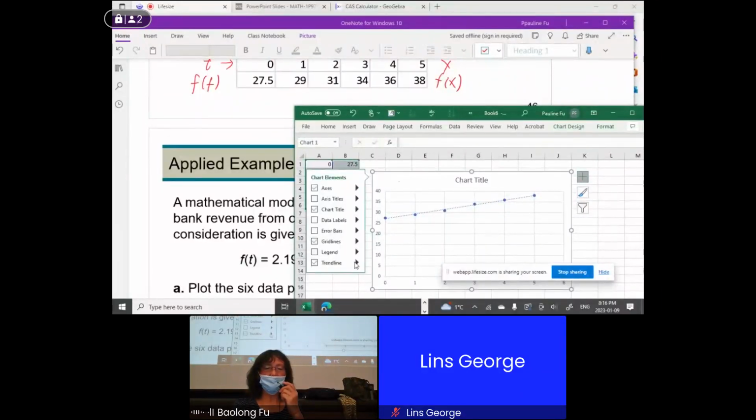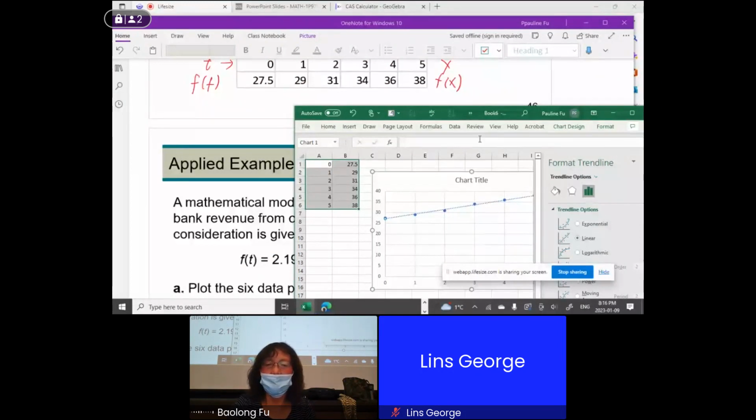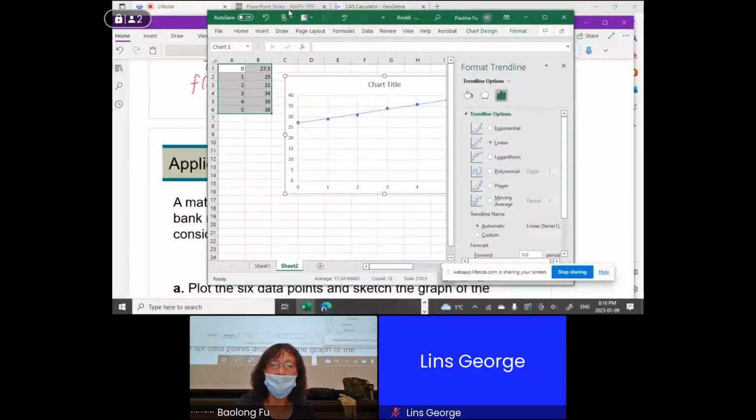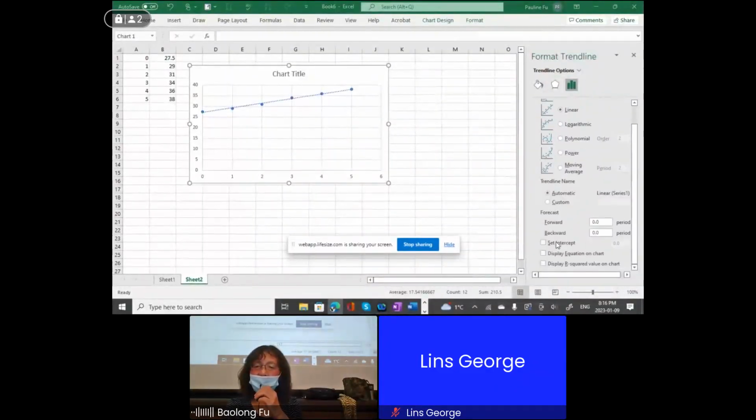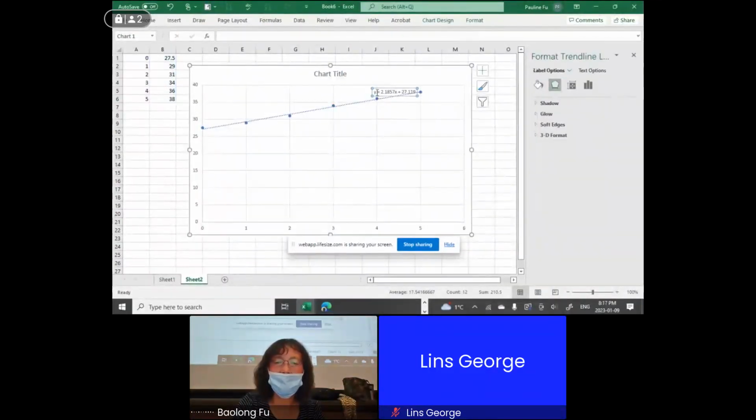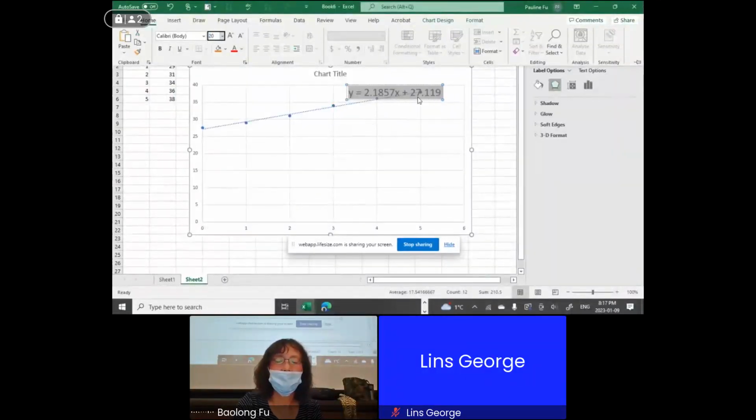After that, you go to this right angle button, click More Options. Toward the end, scroll down, check Display Equation on Chart, so that you see you have the equation. Okay. I'll try to make this equation bigger. See, this is the equation, y equal to 2.18x plus 27. Okay, this is the equation based on the data.